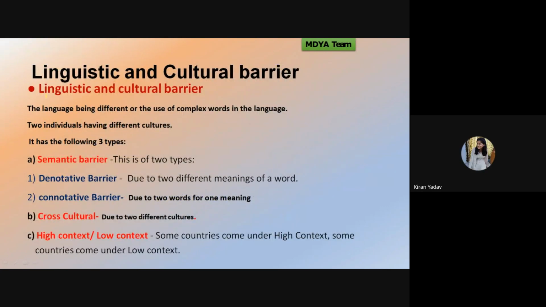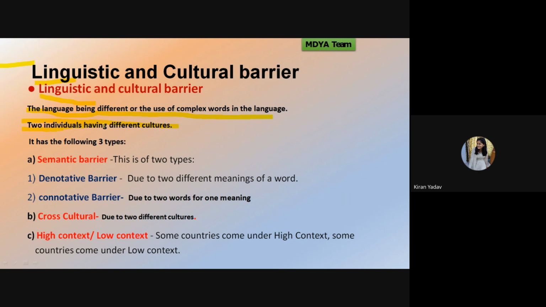Okay. Then the next barrier is the linguistic and cultural barrier. Linguistic is related to language: the language being different, or the use of complex words which are not understandable by a receiver.